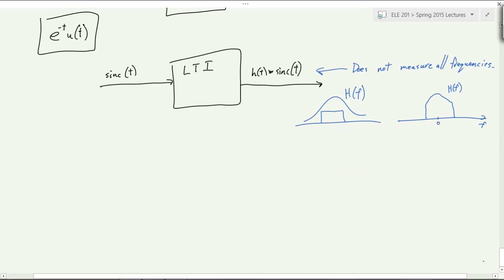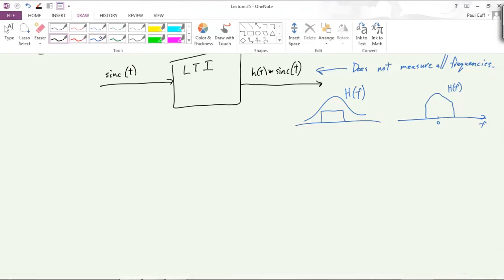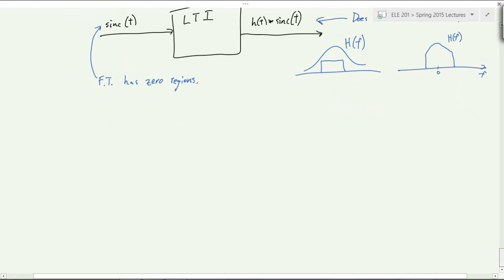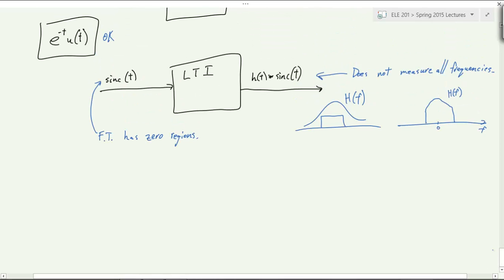Okay, so let's talk about this a little more practically. Here the problem is the Fourier transform had zero regions. And this here was okay. So essentially, whatever signal you put in to probe the system, it better probe all frequencies of the system.